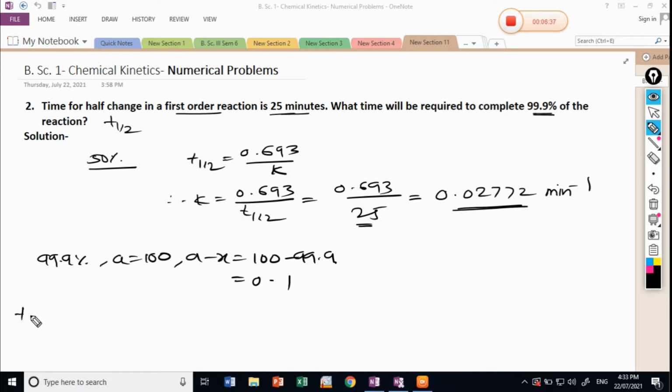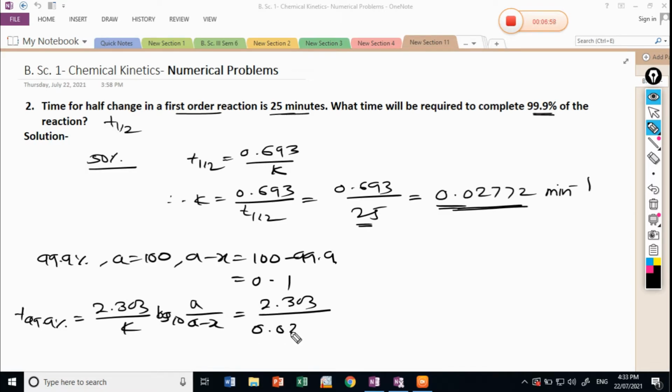Okay, so t 99.9% is equal to 2.303 divided by k log to the base 10 a upon a minus x. We have the value of k here: 2.303 upon 0.02772 into log to the base 10, a is 100, a minus x is 0.1.